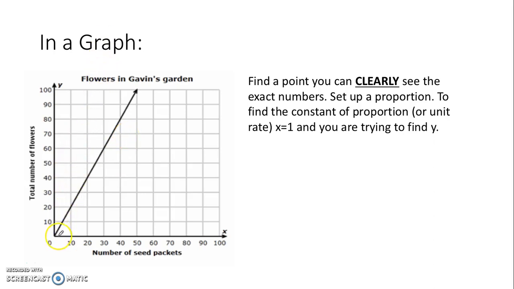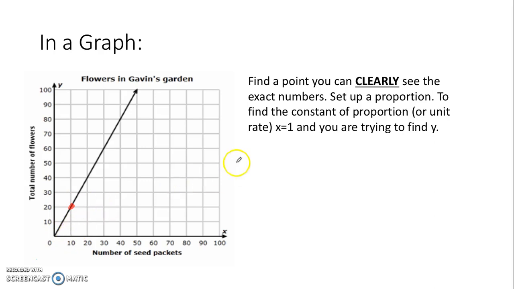So we are trying to find a point on the line that we can clearly write down our equation, our rate. So the one that jumps out at me is right here. And that point, remember, we go x, y.